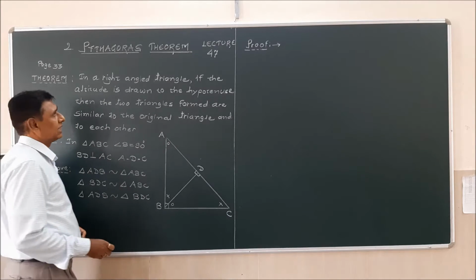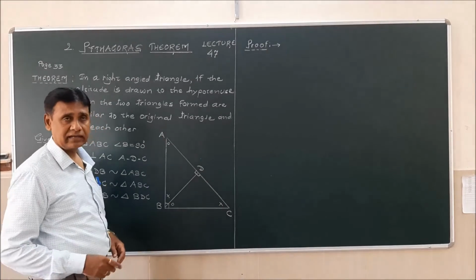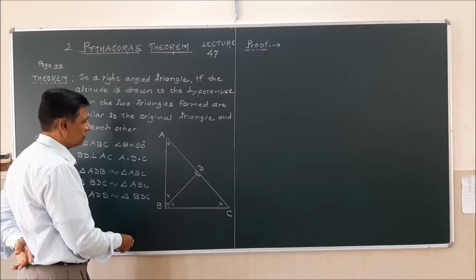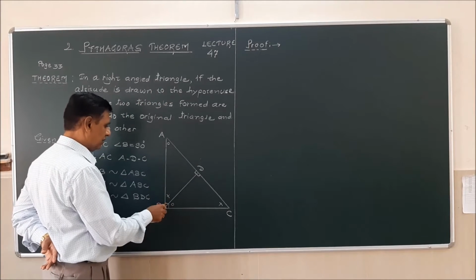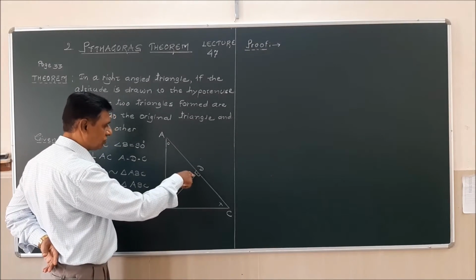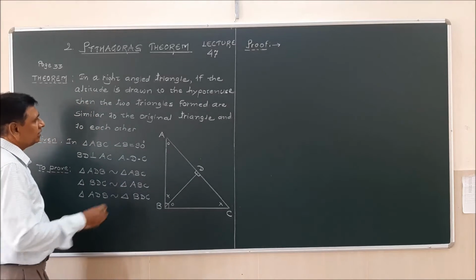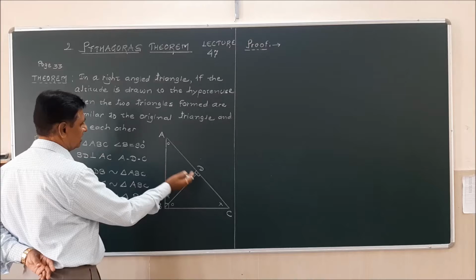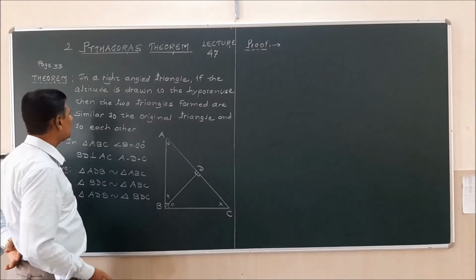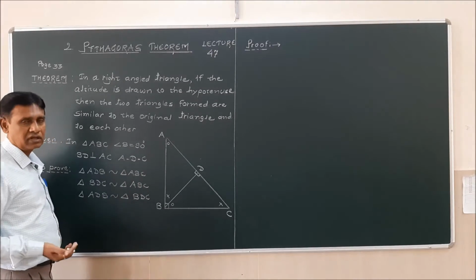In a right angle triangle, you will find triangle ABC is a right angle triangle. If the altitude is drawn to the hypotenuse, since in triangle ABC angle B is 90 degrees, we will find the altitude is drawn on the hypotenuse AC, then two triangles form. The two triangles formed are similar to the original triangle and to each other also.